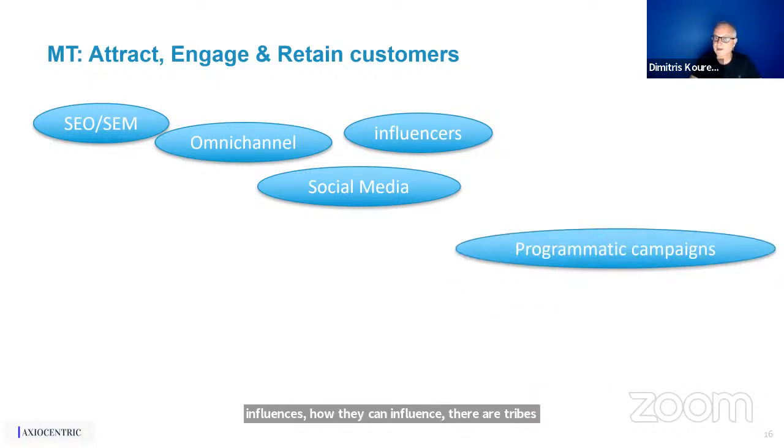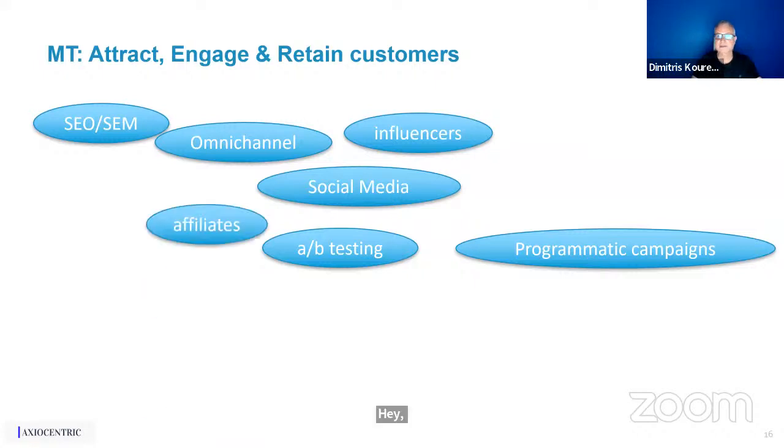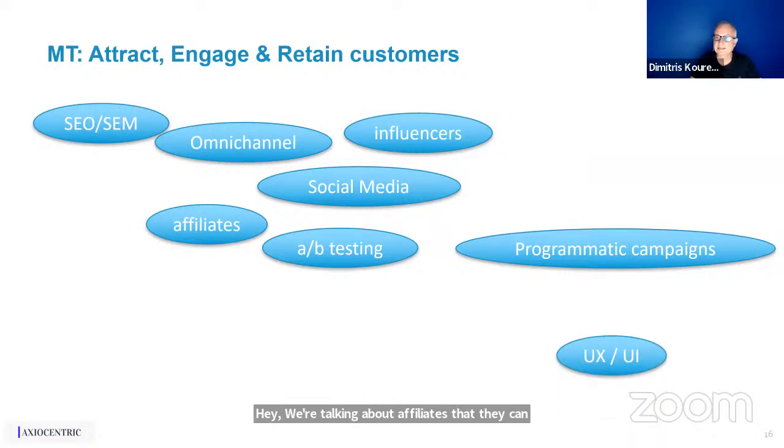We're talking about programmatic campaigns, how you can reach the right people at the right time to promote your product. We talk about A/B testing, where you can run your campaign differently and check which one people engage with better. We're talking about affiliates, who can generate traffic for your website.